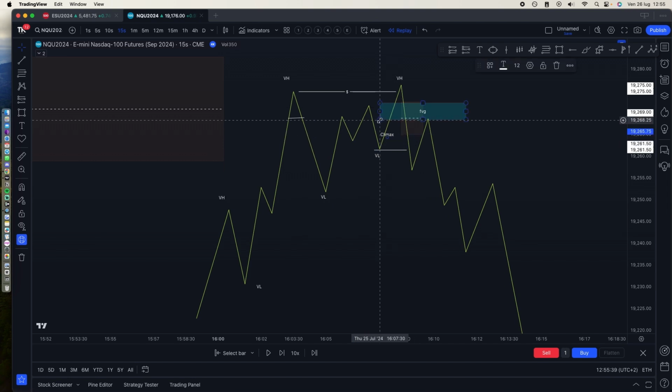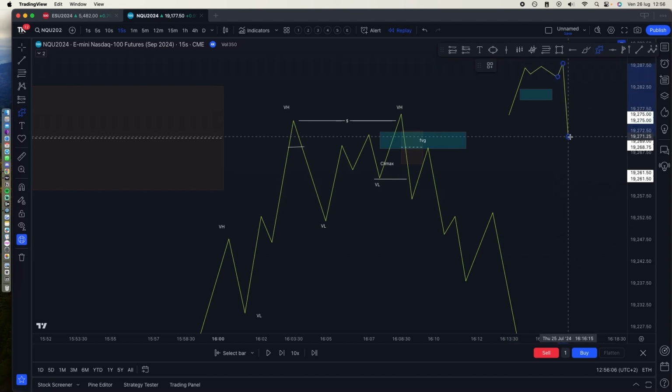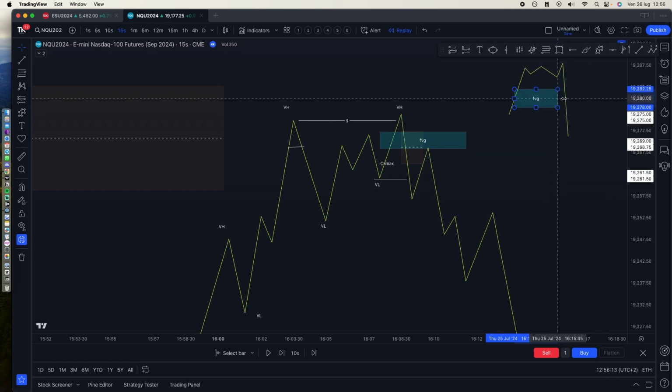must be completely mitigated. What does it mean? If we have the fair value gap of this leg, and we have something like that, and then we have this, all this FVG must be completely covered.